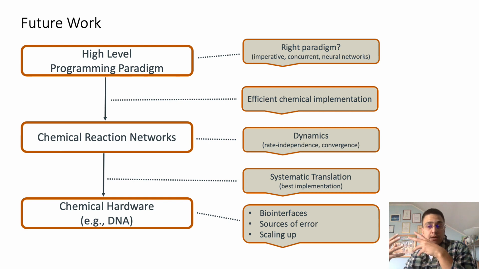How do we make this hardware that we build interface with the real-world environment, such as biochemical environment, cells, and so on? And there are different sources of error that we don't fully understand when we design DNA molecules, some spurious reactions, and so on. And also a question of scaling up the size of the hardware that we can build, or in other words, scaling down the cost of building hardware.